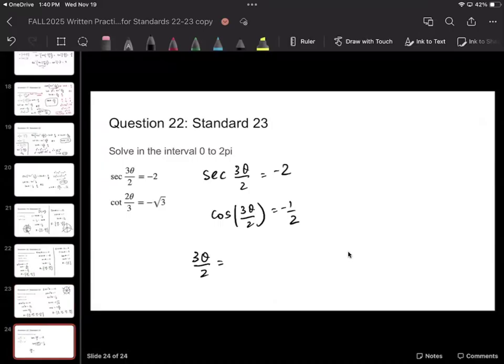So -1/2 would be either 2 pi over 3 or 4 pi over 3. Now, because of the periodic property, you put the plus 2k pi in here. Multiply by 2/3 because you want theta by itself. So when you multiply by 2/3, you will get 4 over 9.